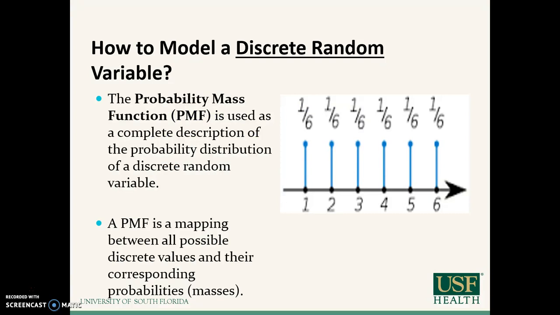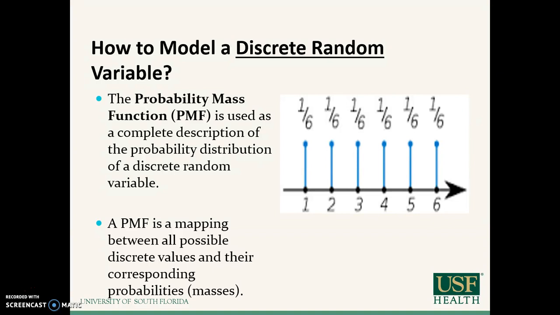The next topic is how do we model a discrete random variable? The probability mass function, also called the PMF, is used as a complete description of the probability distribution of a discrete random variable. We can say a PMF is a mapping between all possible discrete values and their corresponding probabilities, what we call masses.